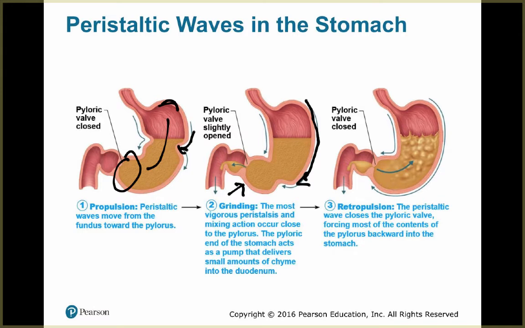The pyloric end of the stomach acts as a pump that delivers small amounts of chyme into the duodenum. Remember, there's 30 mils, but only 3 mils go at a time. The rest gets forced back. It's called retropulsion. The peristaltic wave closes the pyloric valve, forcing the contents back into the stomach, which helps mix that material better as well.